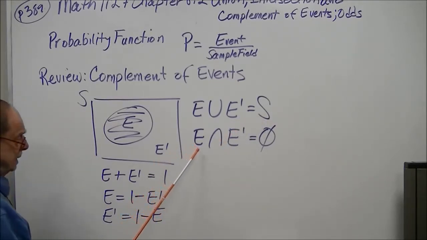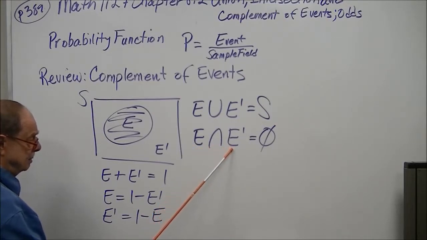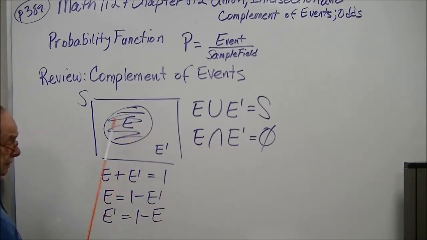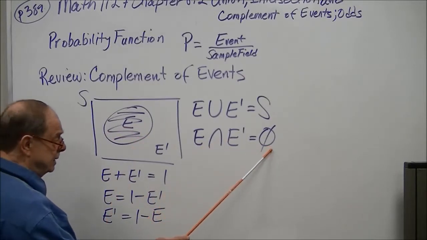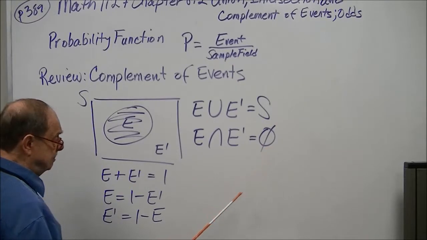If we have the intersection of E and E complement, these are disjointed. There is no member to that set. So it's an empty set.